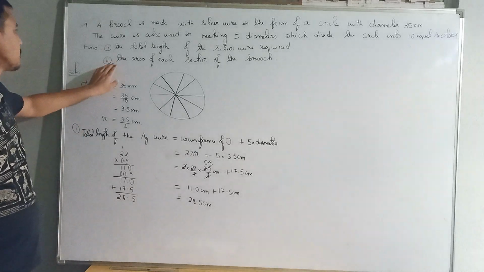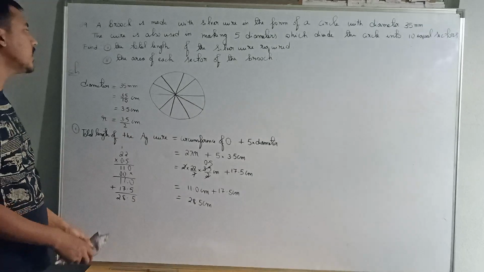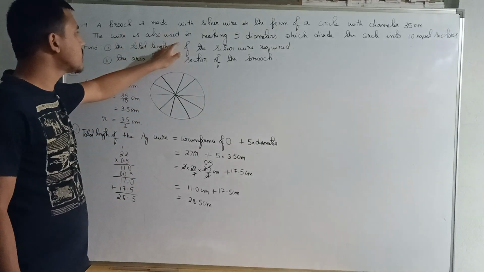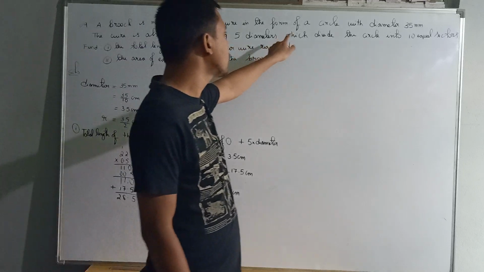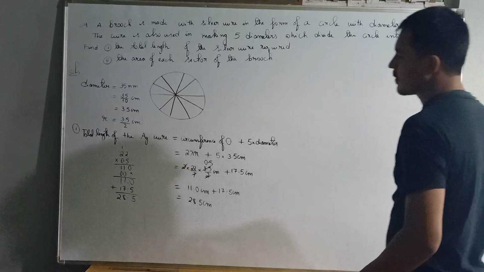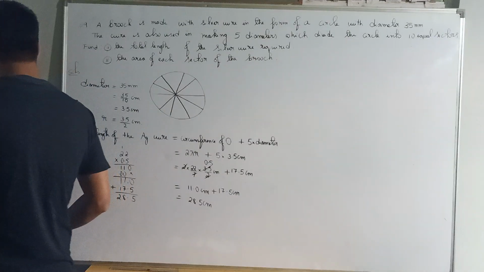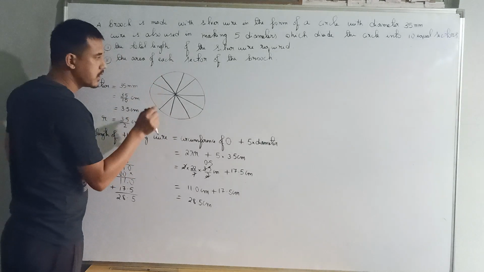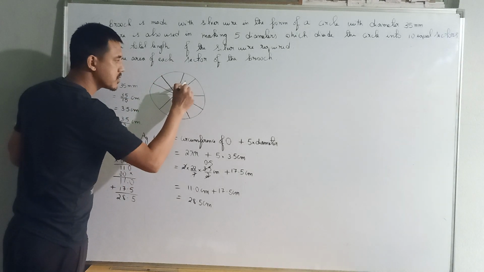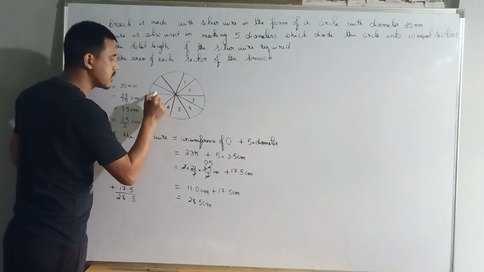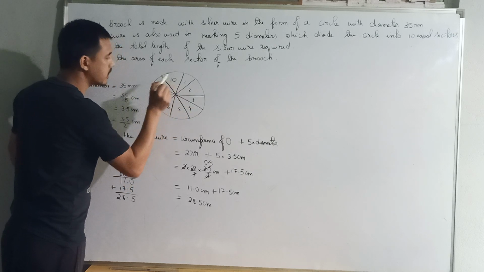Also, you have to find the area of each sector of the circle. See, the wire is used in making 5 diameters, which divide the circle into 10 equal sectors. So if you draw 5 diameters on this circle, then we have 10 equal sectors. 1, 2, 3, 4, 5, 6, 7, 8, 9, 10.